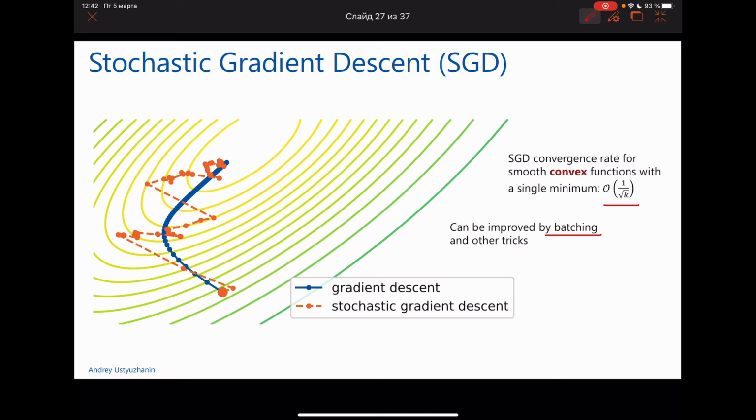And here is the illustration that stochastic gradient descent goes a bit randomly, which is natural because you look not at the full gradient direction, but just at a partially computed direction. But then eventually it goes to the same place.